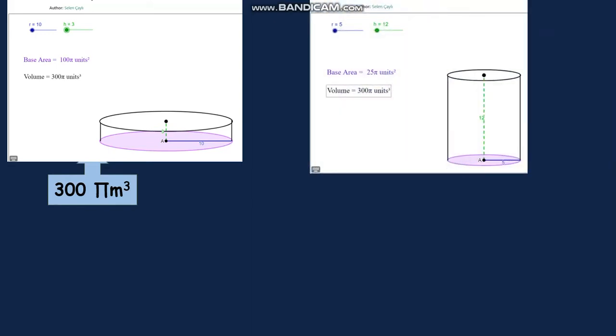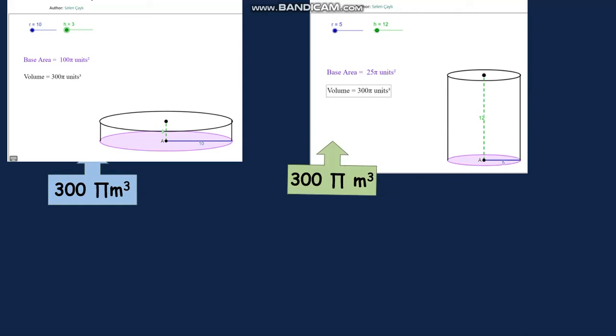While working on the GeoGebra file, we found that the volume of the first tank is equal to 300π cubic meters, and the second one also has a capacity of 300π cubic meters.